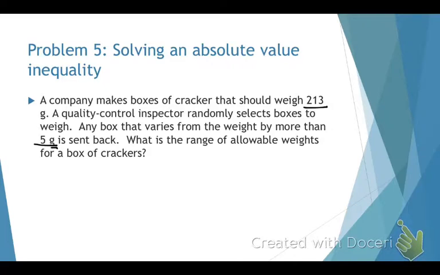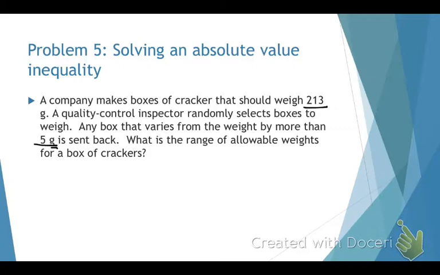So the one thing that I want to point out here, when it says that the weight cannot be off by more than 5 grams, the reason I can know this is an absolute value is because it can be plus 5 grams or minus 5 grams, because that would be 5 grams off either direction from the desired weight. So I'm going to continue on here knowing that it is an inequality. So I need to be thinking about the difference between the actual weights is at most 5 grams.